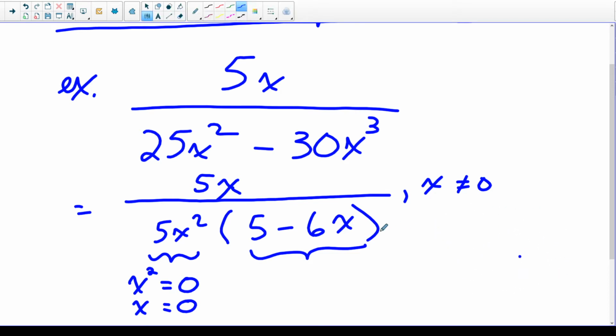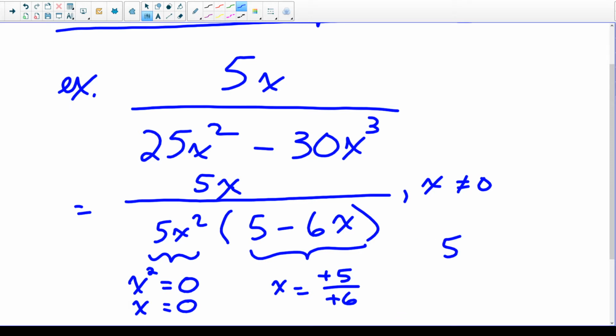In this case here, they switch things around, where the 5 is second and the 6x is first. But it's the same rule. Take the constant, change its sign, and then divide by the coefficient of x. Now the coefficient of x in this case is negative 6. All right, so it would become a plus 5 and a plus 6 there.